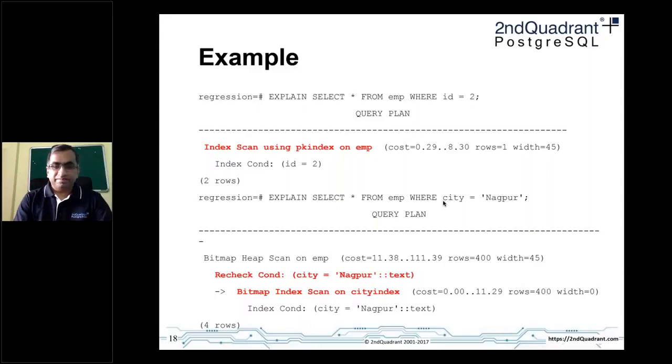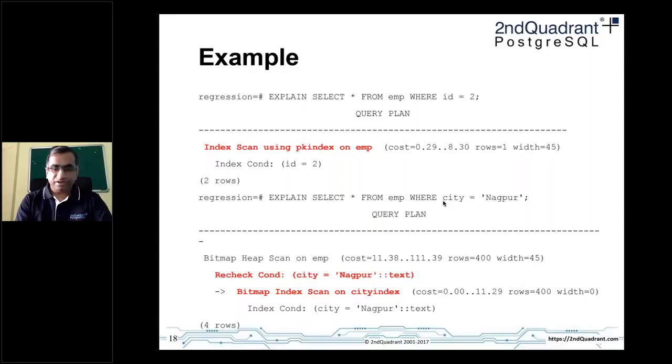index scans. The second query is a little curious again, because I would like to spend a minute talking about it. If you see that even though we have an index on column city, instead of doing an index scan, what the planner is doing is, it's choosing to do a bitmap index scan followed by a bitmap heap scan. And the reason for this is that there are many duplicates for this particular column city.